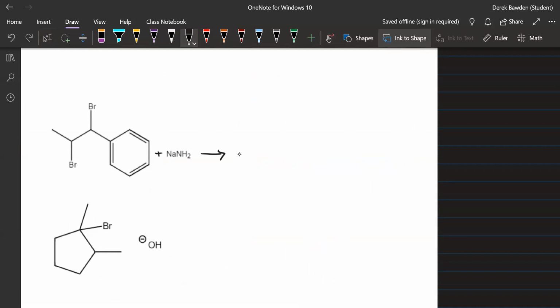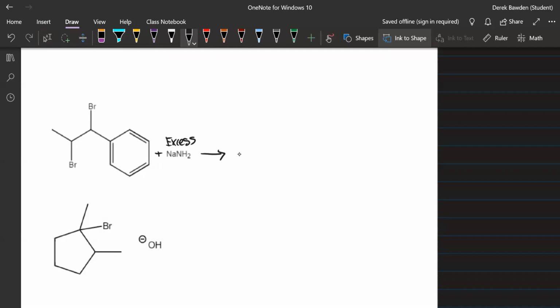I forgot to write that this is an excess. We have excess NaNH2. Now this is a little bit of a tricky one. With excess NaNH2, does anybody know what it does for elimination reactions?